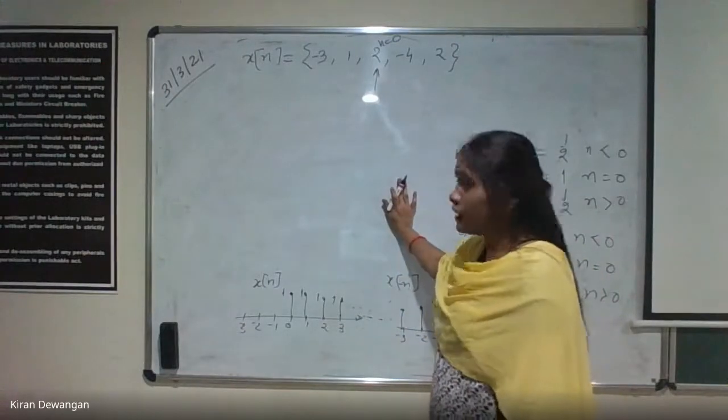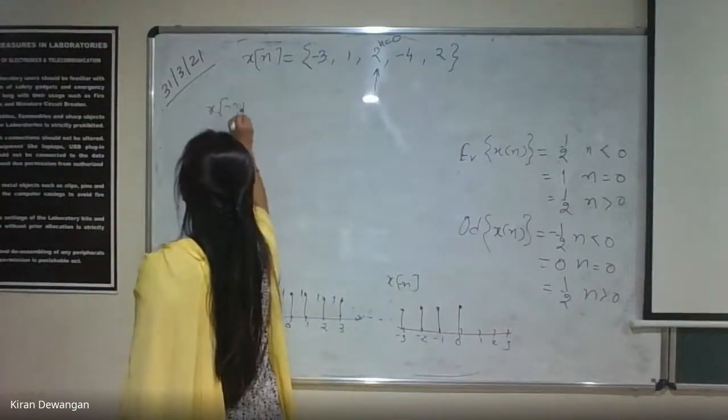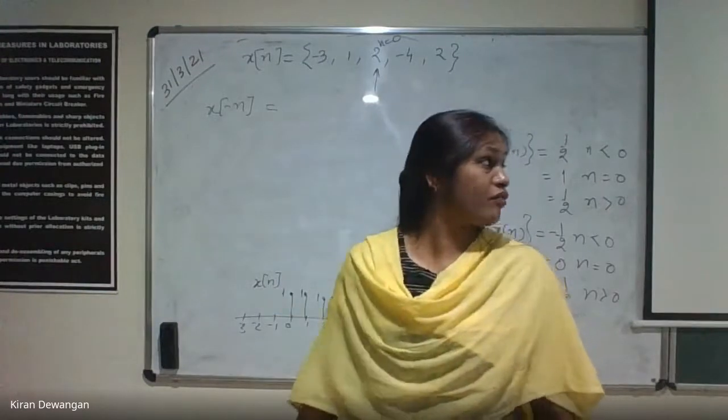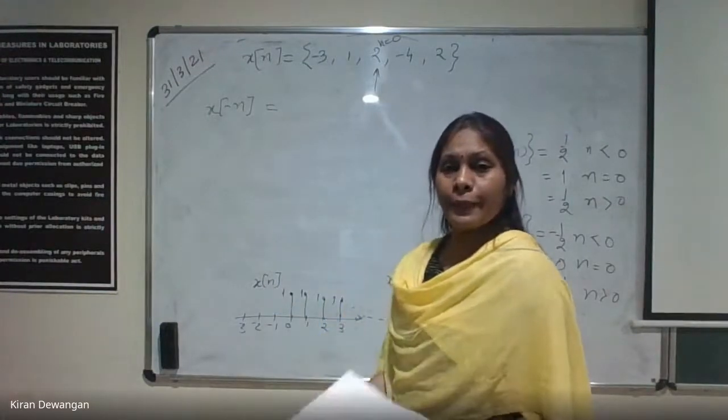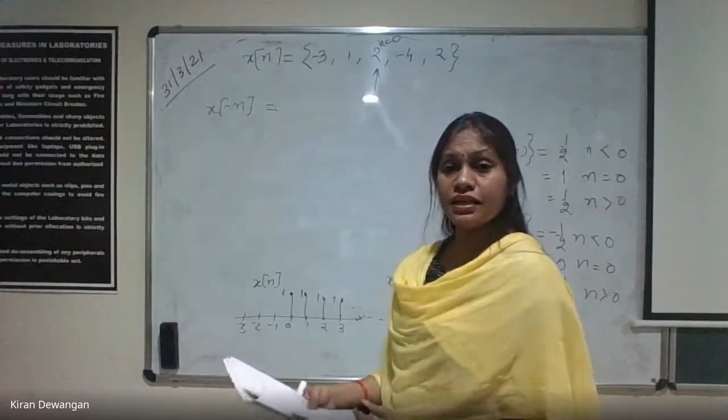So for finding out the even and odd component, first we want x of -n. इसका -n क्या होगा? What is its x of -n? जल्दी से बताओ इसका x of -n क्या होगा?